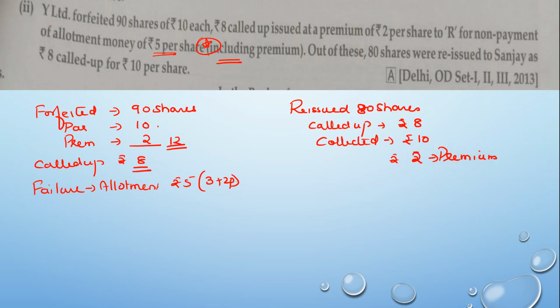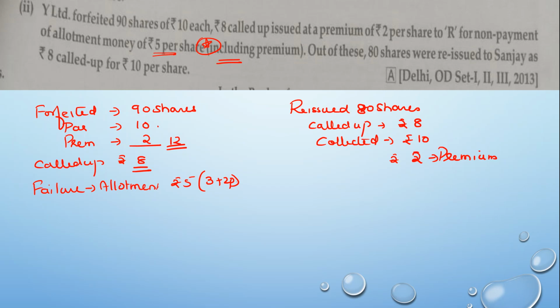So when initially they were issued there was premium, and on reissue also there's premium. You have to be careful about this. When there's a forfeiture of shares and those shares were originally issued at premium, you have to clearly identify whether the premium amount was received or not. If it was received, then there is no reversal of the premium in the forfeiture entry.